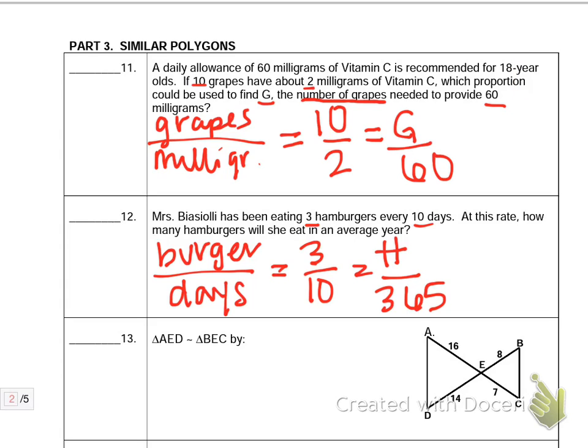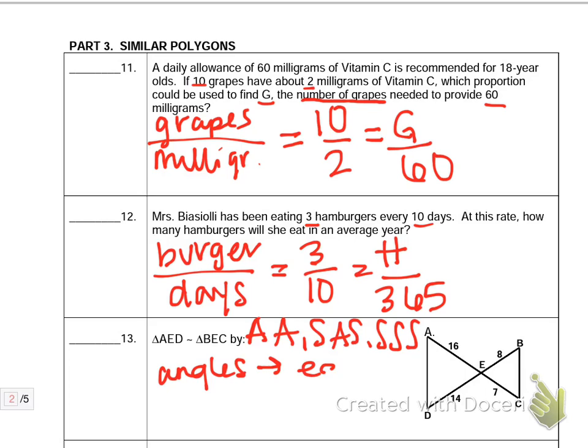Okay, so we have 3 different ways we can classify. We can see if 2 triangles are similar. So we have angle, angle, side, angle, side, and side, side, side. So for angles, my angles have to be equal, and my sides have to be proportional.